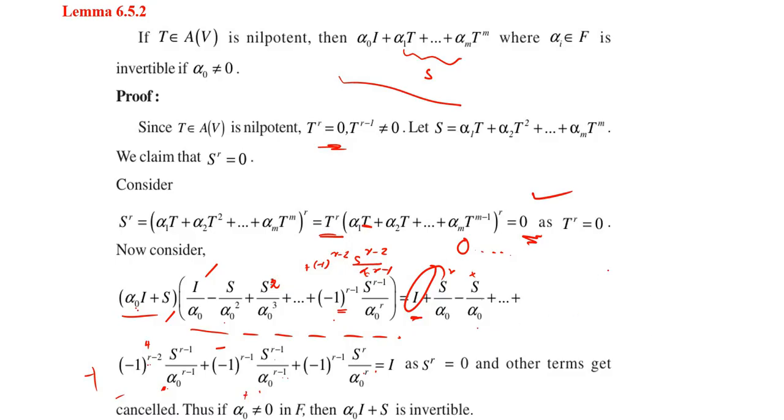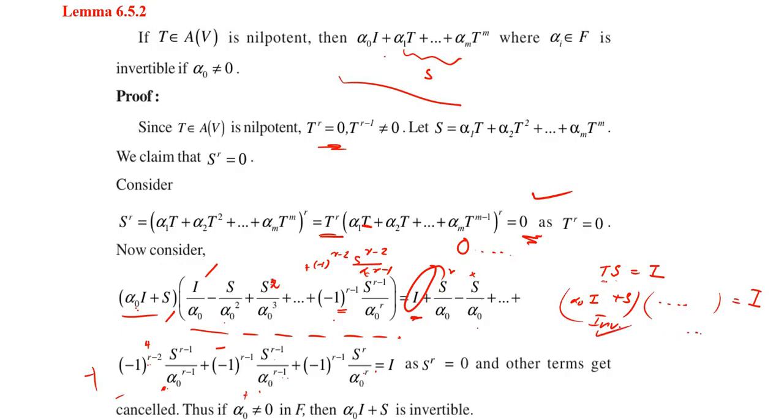See, when you have T composed with S to be, say, I, then you say that this T is invertible, or you can even say that this S is invertible. Something similar to that is what we have with alpha naught I plus S. This is one transformation. With that, we are considering some other transformation. The composition gives us the identity, which means this is invertible. And of course, in the same way, the other is invertible, but what we need is only this.